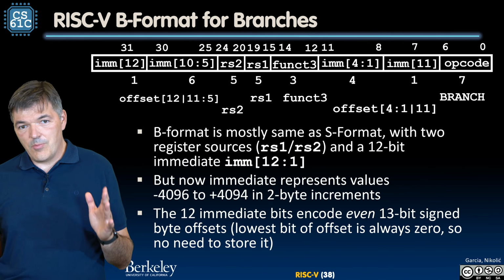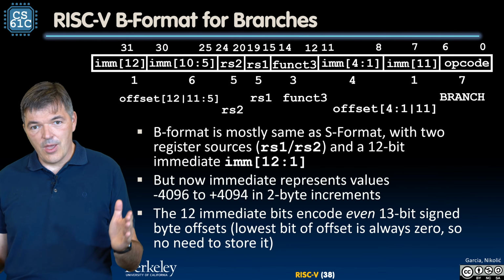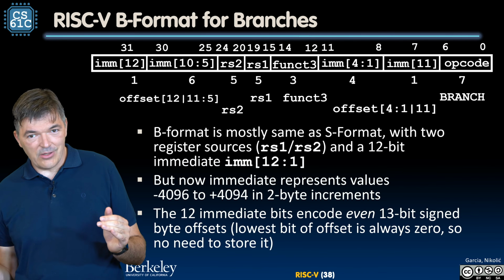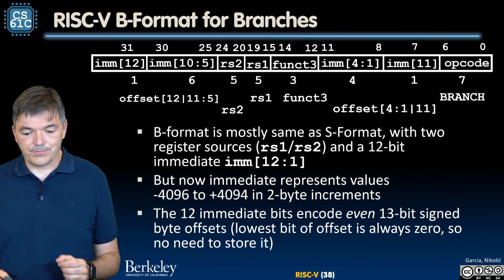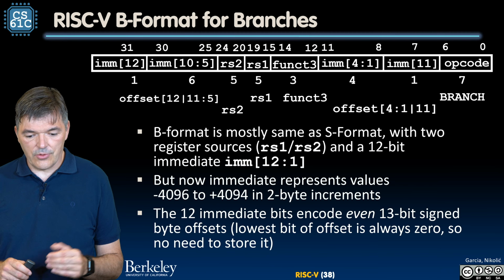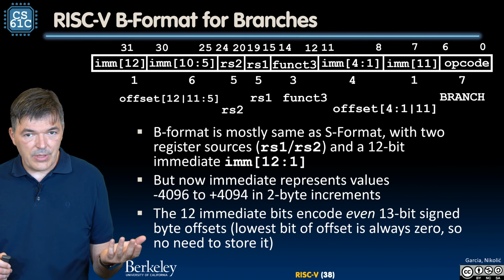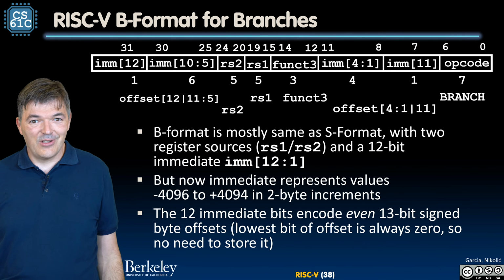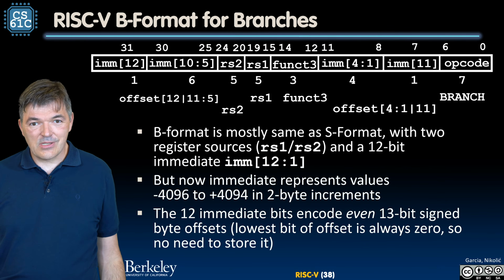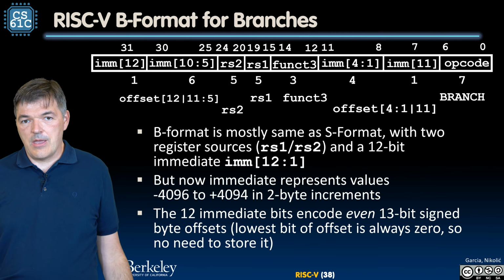Now, keep in mind that these 12 bits represent a 13-bit value, because that 13-bit value always has the least significant bit equal to 0, as we have specified before. So we don't need to store that last bit, because we know that it is always equal to 0. We just need to store 12 bits for a 13-bit representation of the offset.